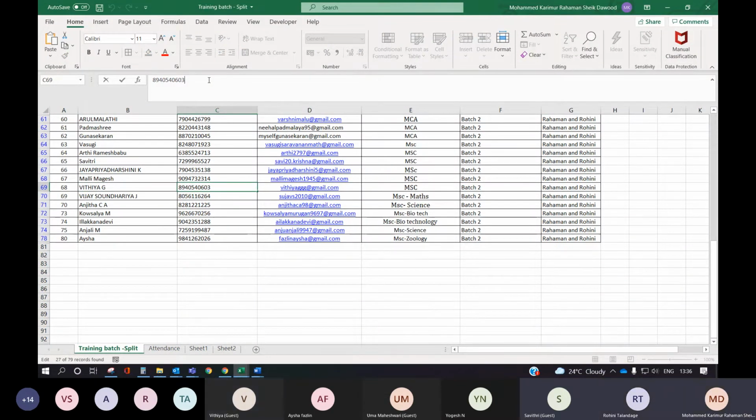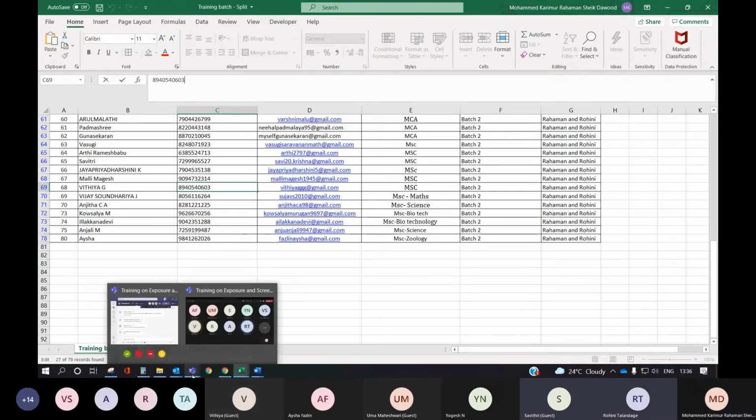So can you share your mobile number in the chat box? One thing, we can share the link of the WhatsApp group through mail, and they can join that way. Okay, fine. The joining invite for the WhatsApp group will be shared in your official mail ID. Okay.